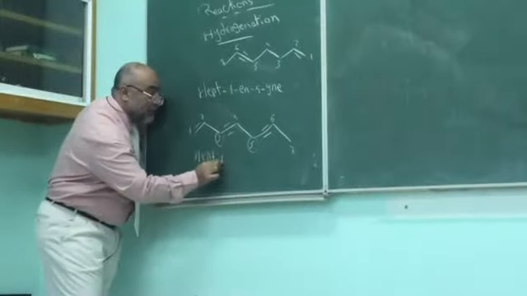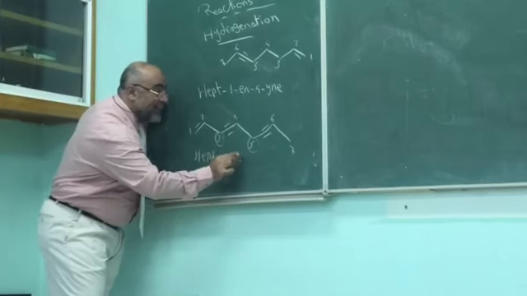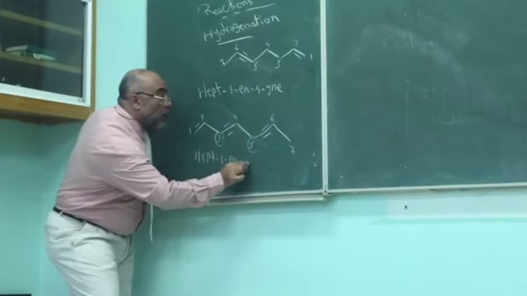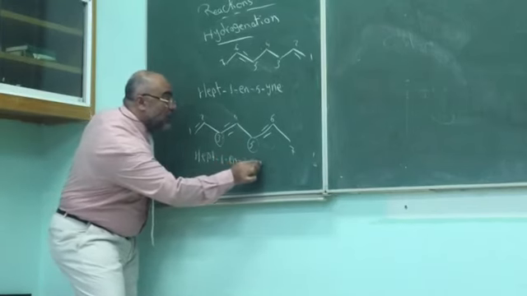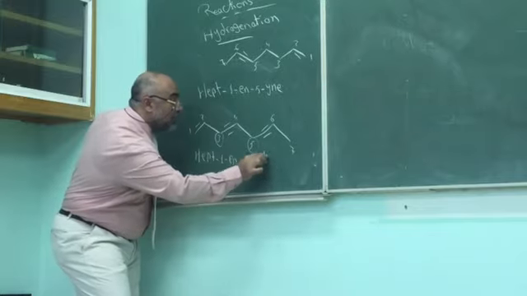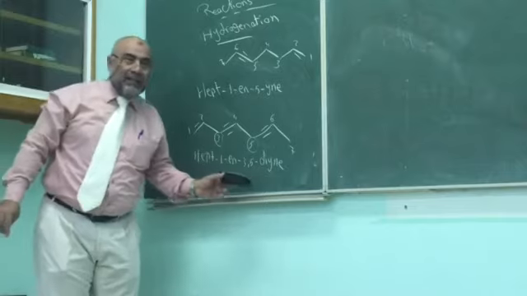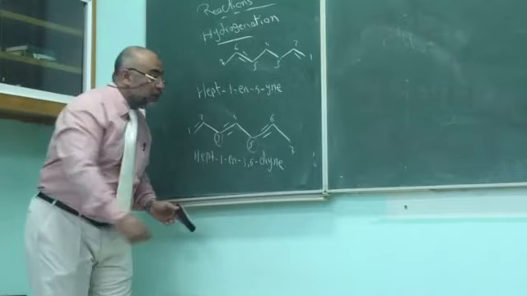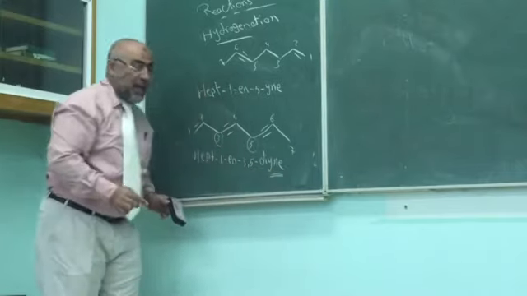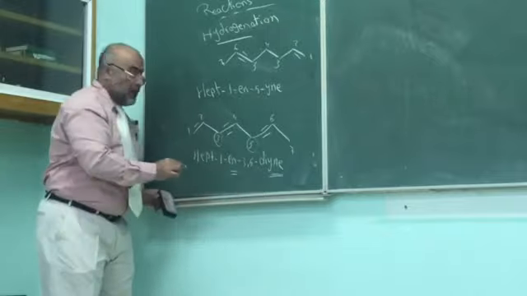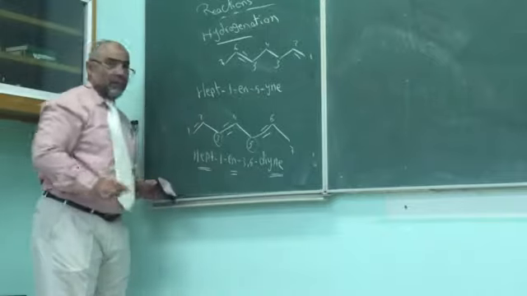Dash, 1, dash yne, dash, 3, comma 5, dash diene. I'll repeat again. Okay, now we have hept, right? Dash, 1 dash yne dash 3, comma 5 dash diene. Yne according to the triple, and diene for the double, and hept for the number of carbon.